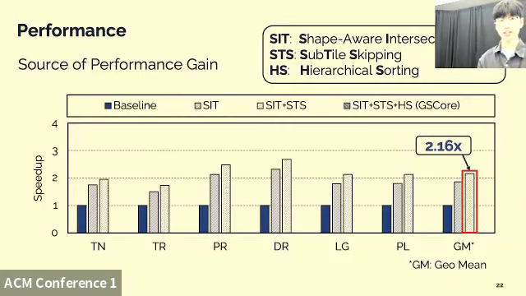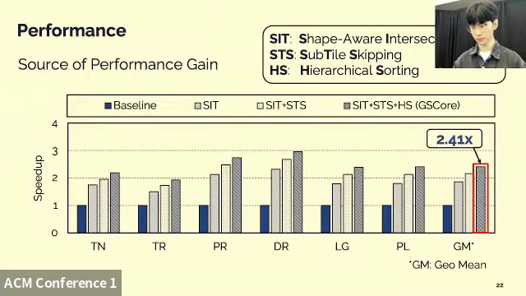Second, subtile skipping reduces ineffective alpha computation and further achieves an additional 16% speedup. Hierarchical sorting reduces unnecessary sorting overhead and hides the sorting latency. So finally, GSCore achieves about a 2.4x speedup over the baseline.